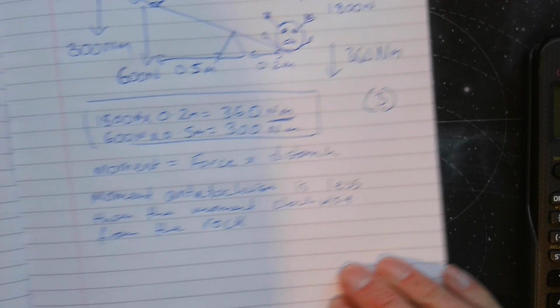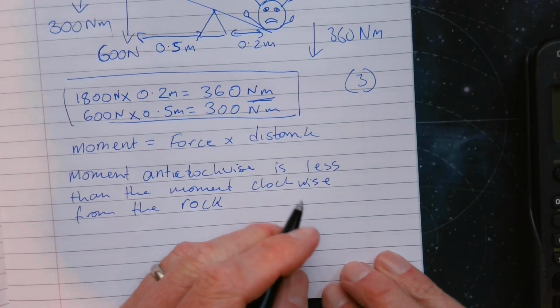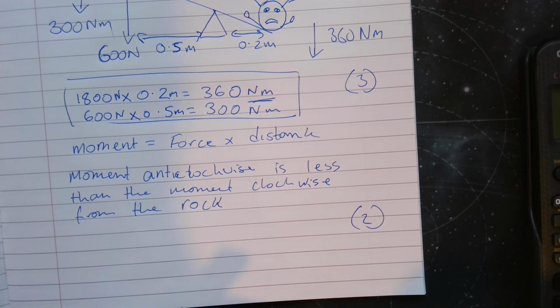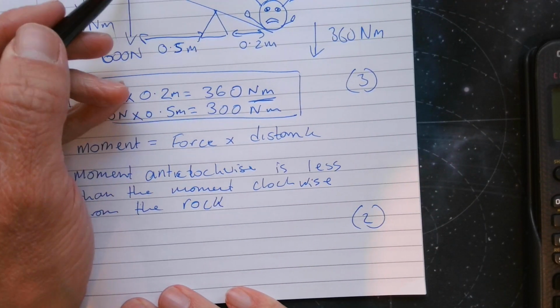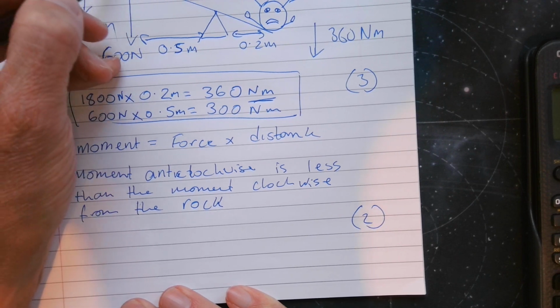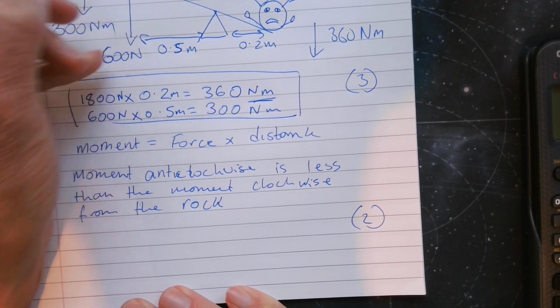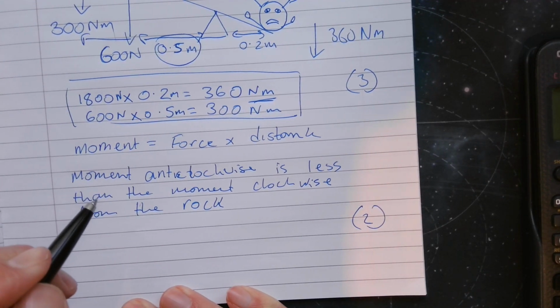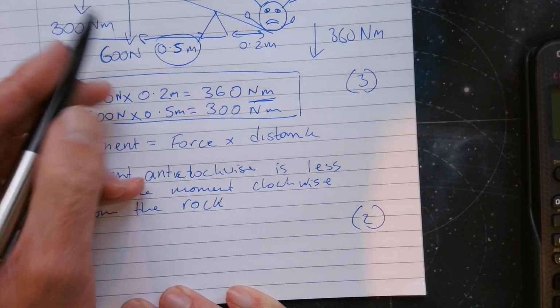We've now got a 2-mark question. Let's see if I can fit this in. It asks us to explain one change to the arrangement that will make it possible for the demon to lift the rock. So what would we have to do? If we move the demon further this way, that's going to increase this distance, and we're going to be able to lift Pedro up.